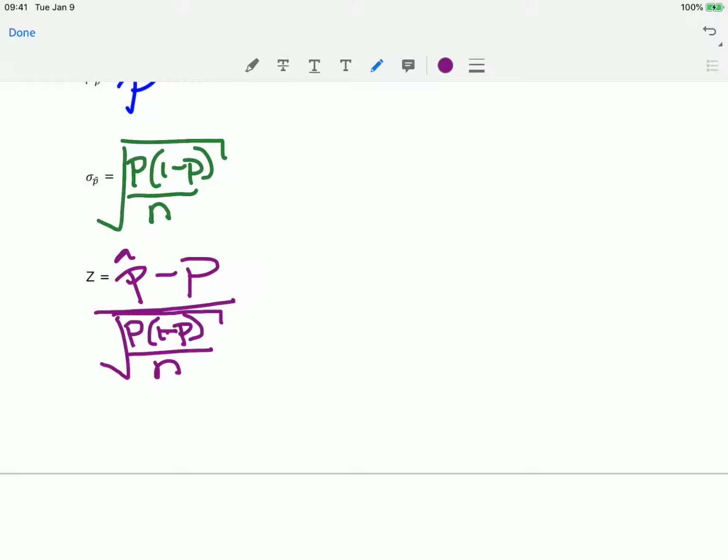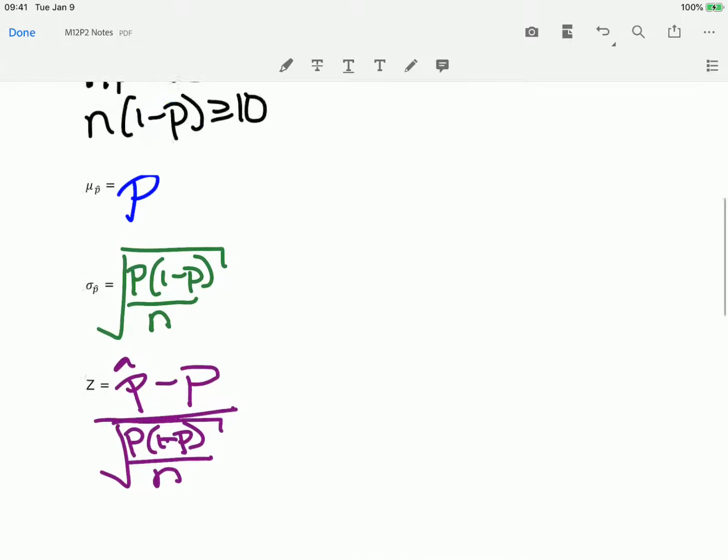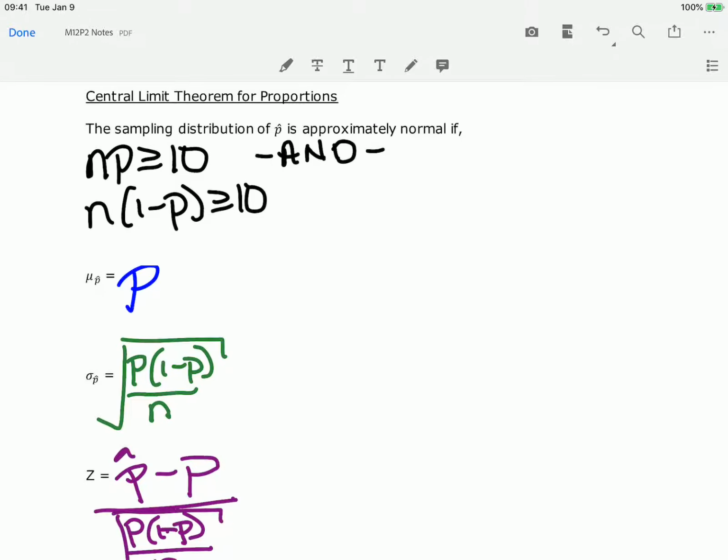I recommend finding that standard deviation first, then using that value in your z-score equation. I will allow you to use a rounded standard deviation of p when you calculate your z-score. You do not have to use all of the decimals, and we'll see that here in a minute. These are the most important formulas for this section.